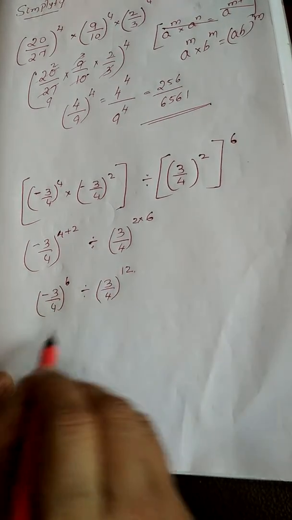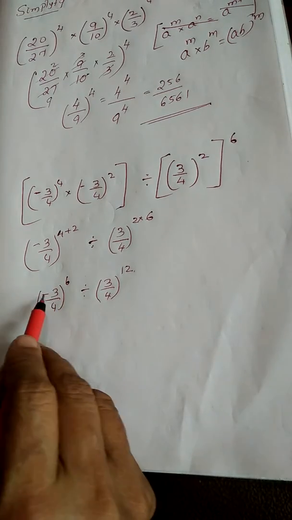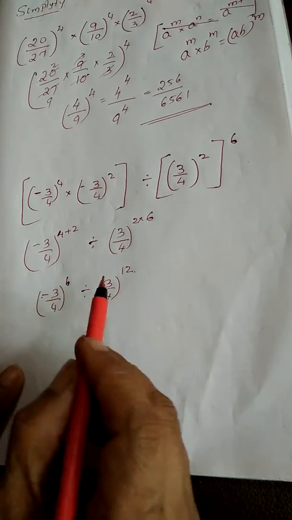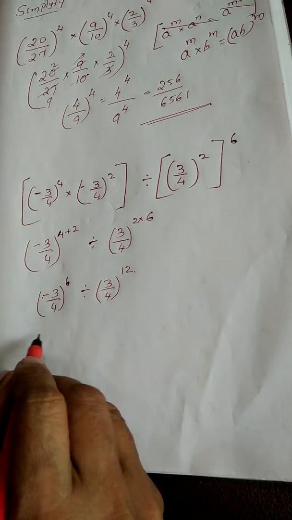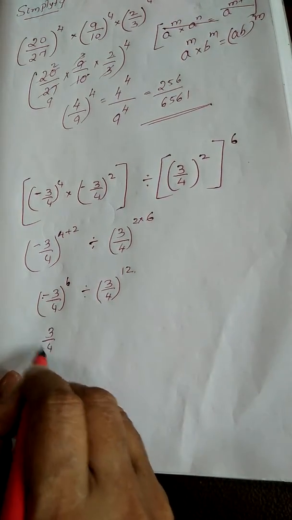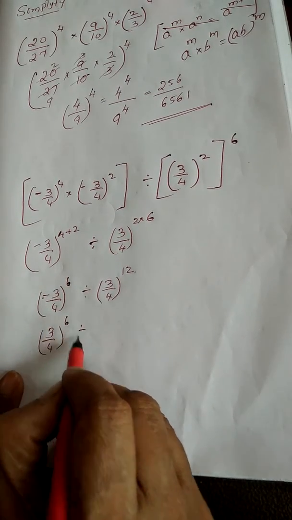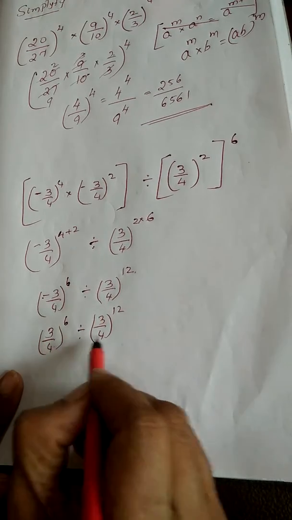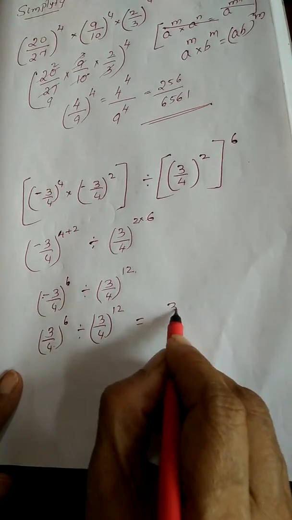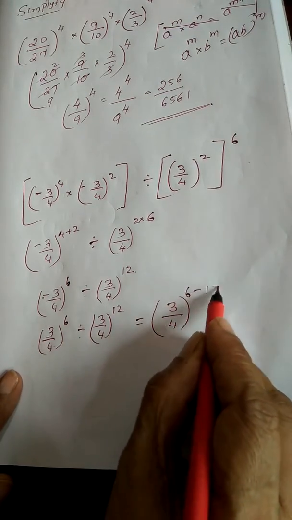So we can write this as, now minus 3 by 4 to the power of 6. Since this is even, we can write this as 3 by 4 to the power of 6. The value does not change. Divided by 3 by 4 to the power of 12. Now the bases are the same. So you can write this as 3 by 4 to the power of 6 minus 12.